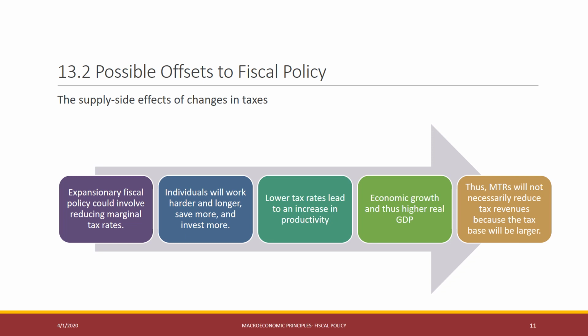The relationship between the tax rates and tax revenues can be discussed in the Laffer curve, which we'll discuss in the subsequent slides. So remember, ultimately, the lower marginal tax rate will not necessarily reduce the tax revenues because the tax base will be larger.